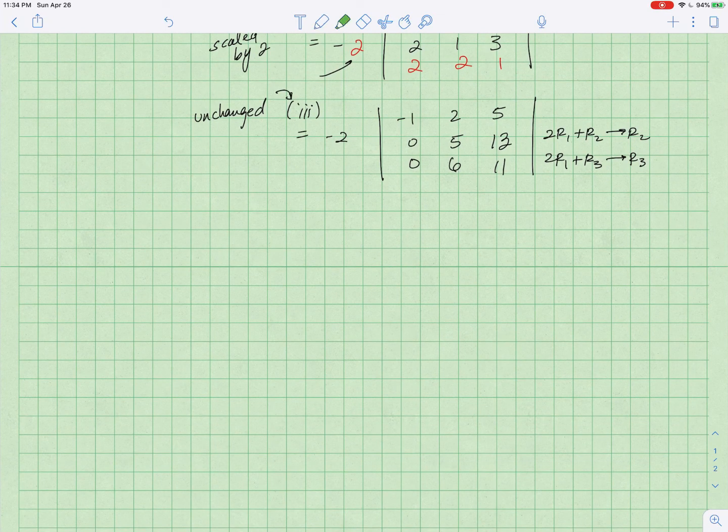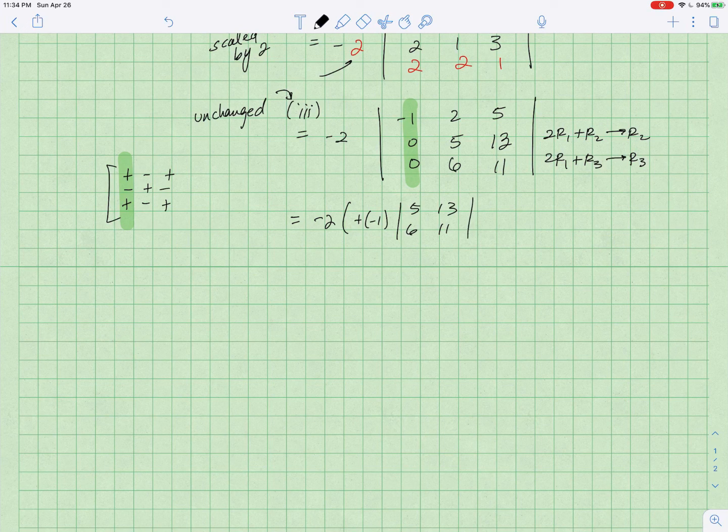Okay, now what I can do is expand down this column, which now has a bunch of zeros in it, and this is equal to -2. If I use my plus, minus, plus checkerboard, I can see that I have these signs on my cofactors. So this will be a positive, positive -1, times the associated 2 by 2 minor, which is 5, 13, 6, and 11.